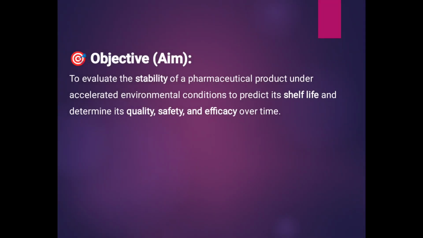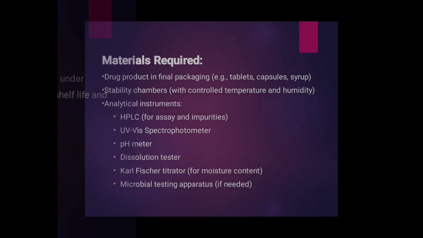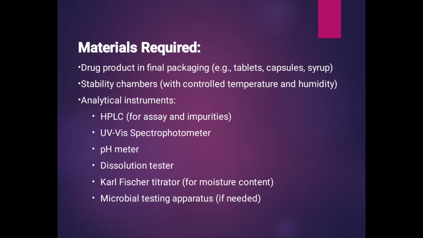The objective is to evaluate the stability of a pharmaceutical product under accelerated environmental conditions, meaning increased temperature conditions, to predict its shelf life and determine quality, safety, and efficacy over time. The materials required are stability chambers and the drug product in final packaging, such as tablet, capsule, or syrup.